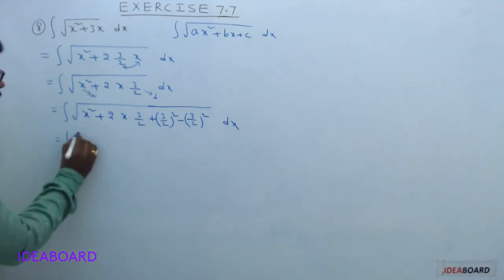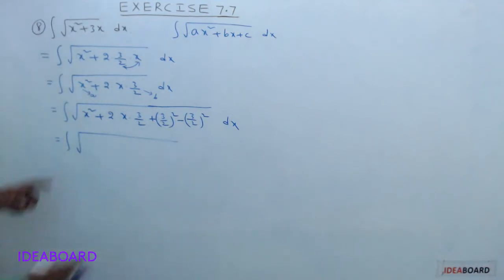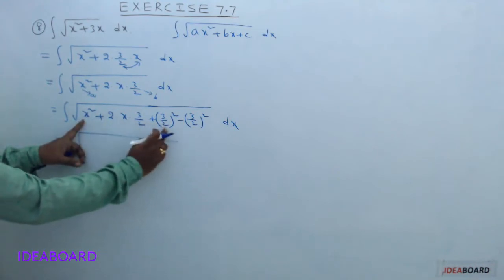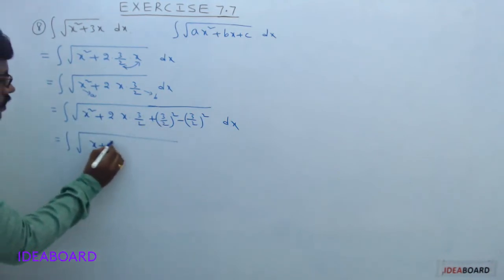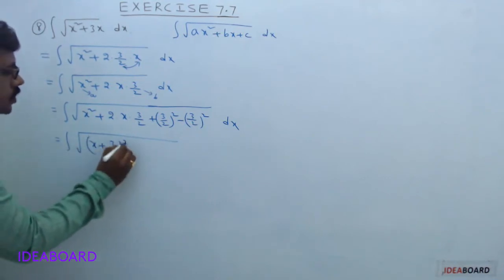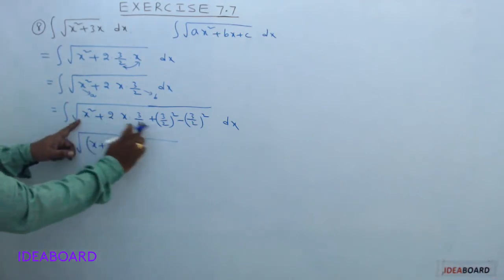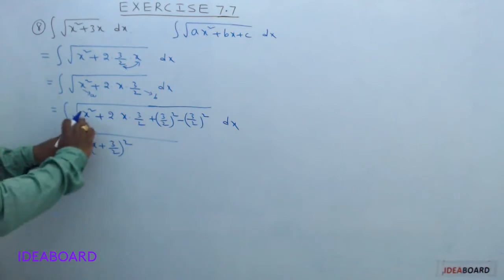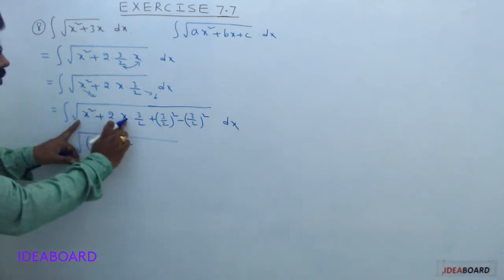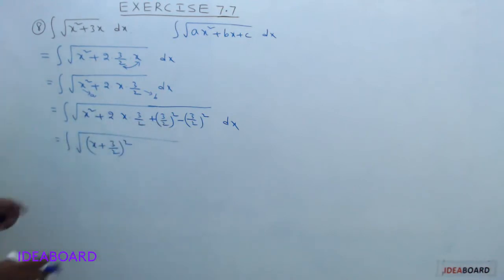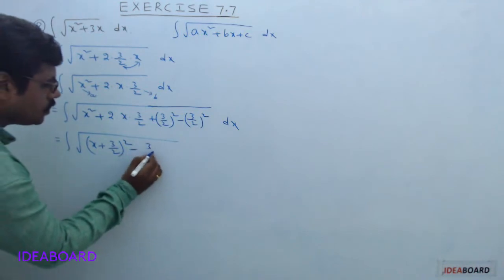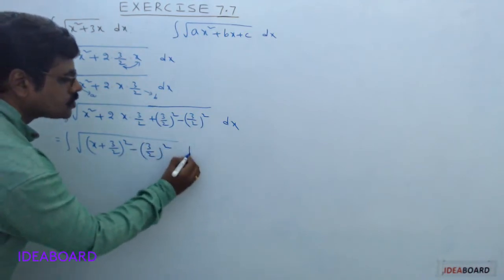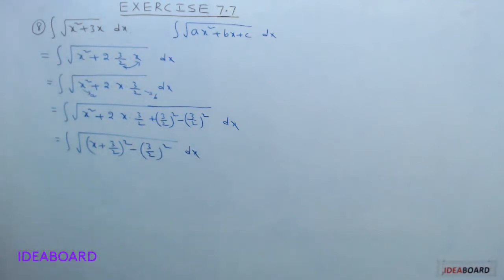Now it is integral of square root of, the combination of these three terms can be taken as x plus 3 by 2 whole square. These three terms are of the form a square plus 2ab plus b square. It can be written as x plus 3 by 2 whole square minus 3 by 2 whole square dx.